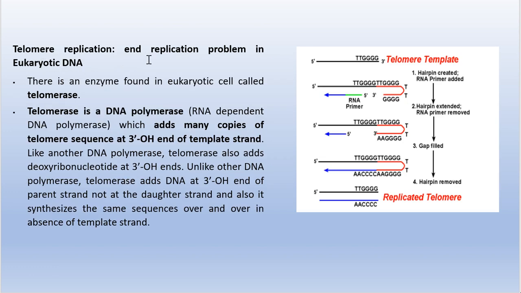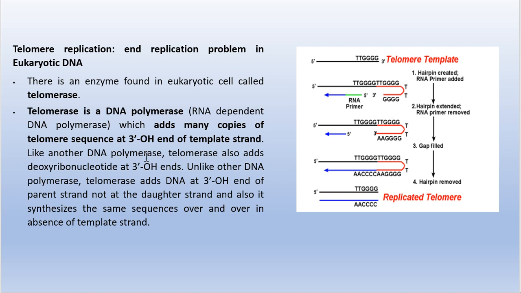Telomere replication and the replication problem in eukaryotic DNA. There is an enzyme found in eukaryotic cells called telomerase. Here it is written, telomerase enzyme. So the telomere template strand, and from there it replicates and forms the replicated telomere. Telomerase is a DNA polymerase which adds many copies of the telomere sequence at the 3' OH end. You can see the 3' OH end of the template strand.